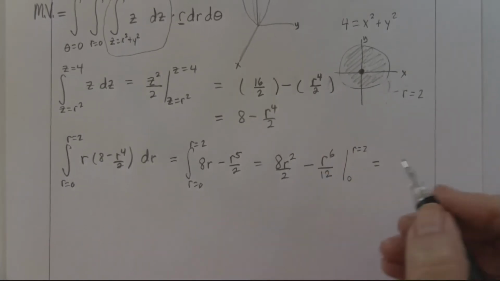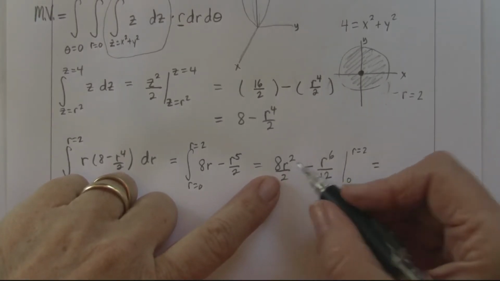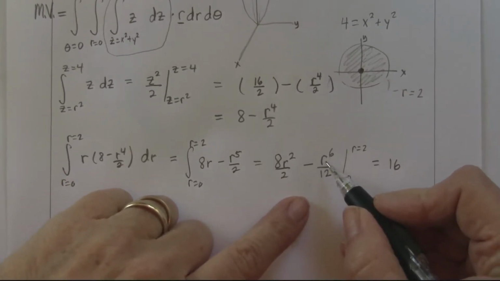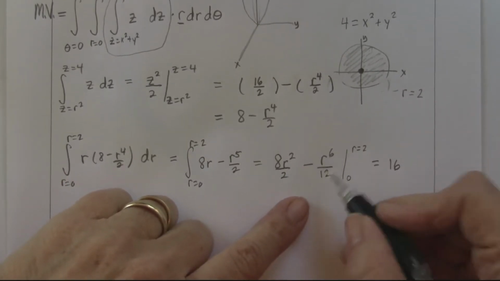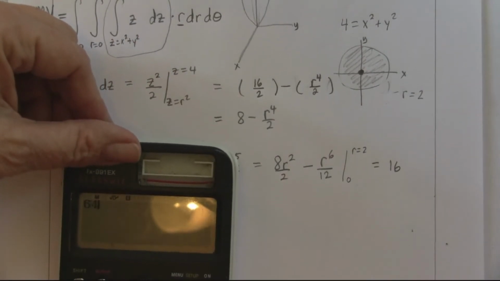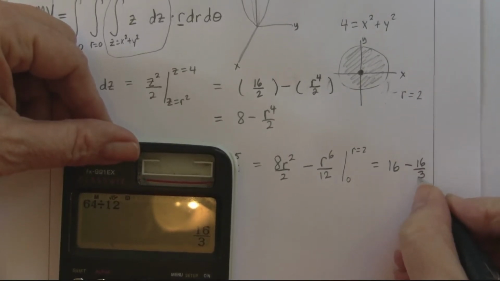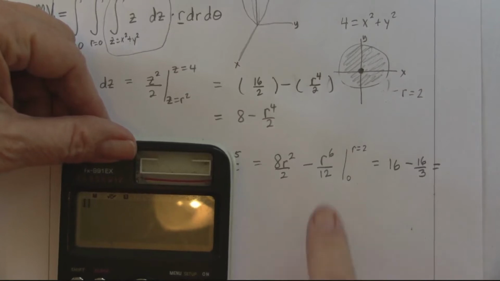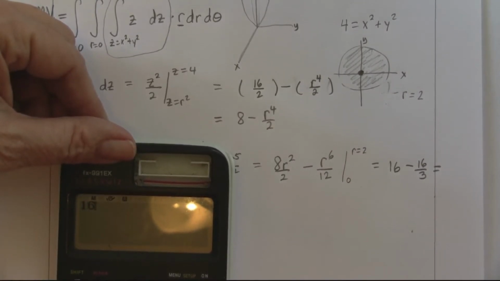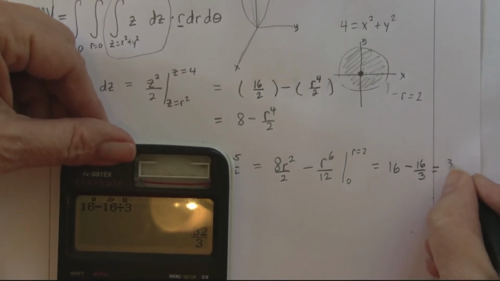So when I do that, I'm getting 4 and then 2 squared, I think this is 16. 2 to the 6th, 2 to the 5th, 32. So 64 over 12. I don't remember that number. 64 over 12 is 16 over 3. And then minus 0, right? So 16 minus 16 over 3 is 32 over 3.